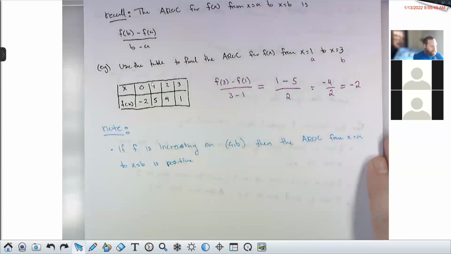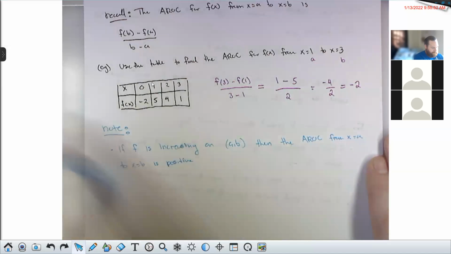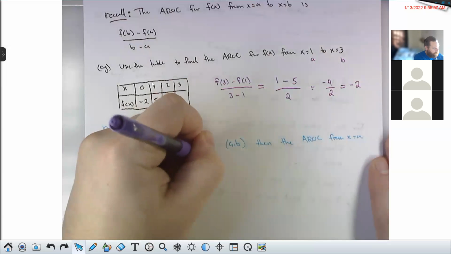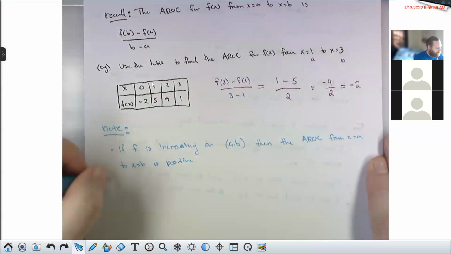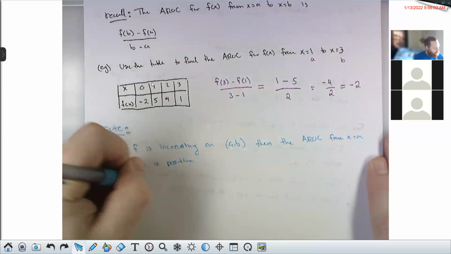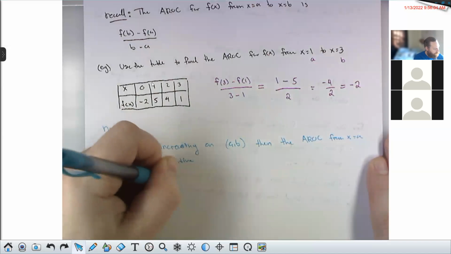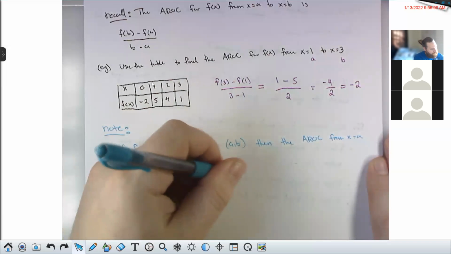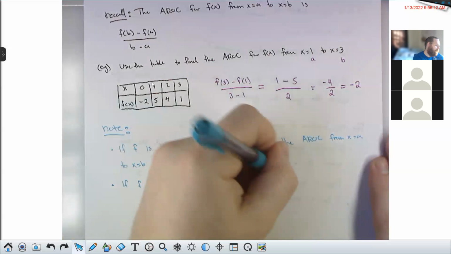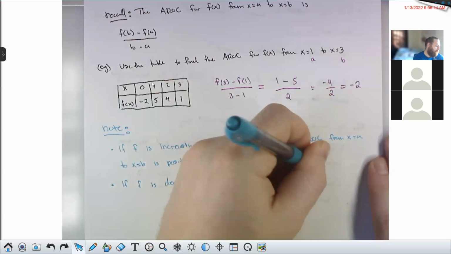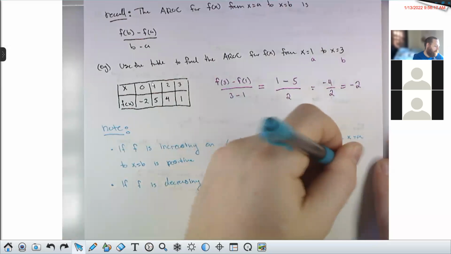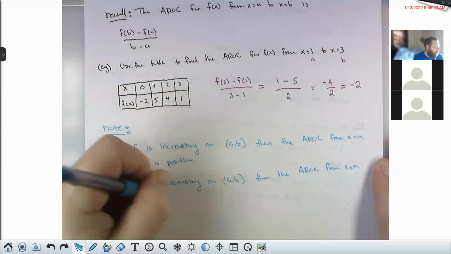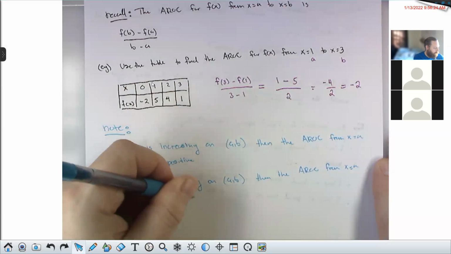And a little subnote here. Oh, no, I'll just leave it like that. If f is decreasing on AB, then the average rate of change from x equals A to x equals B is negative.